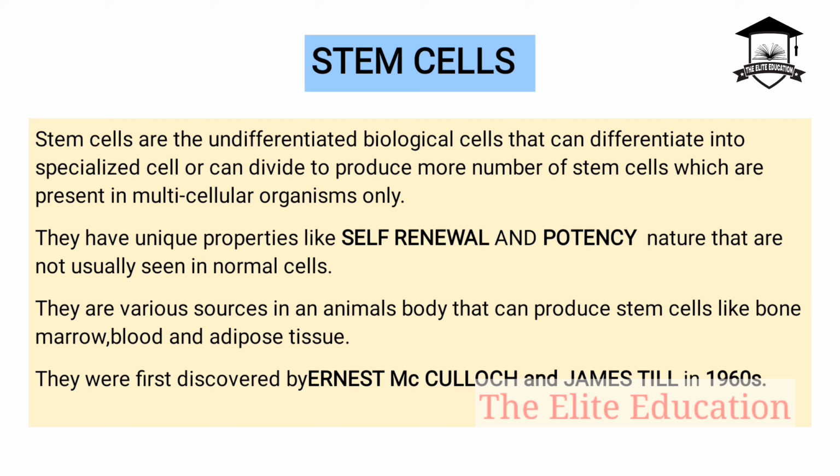But there are some cells that are seen mostly in early embryonic stages, as well as in a few parts of the adult human body, that have this capacity of growing several number of times all through the lifespan. And also they have the potency, they don't lose the potency.